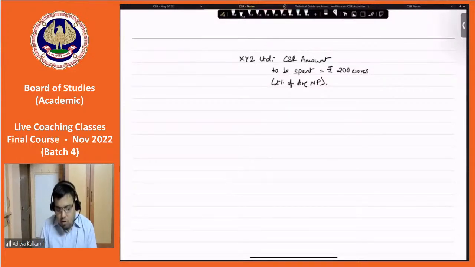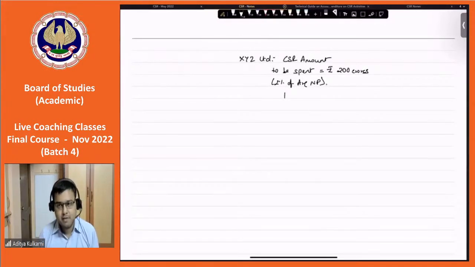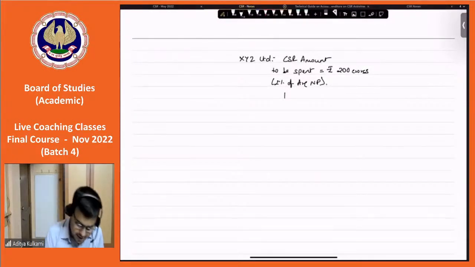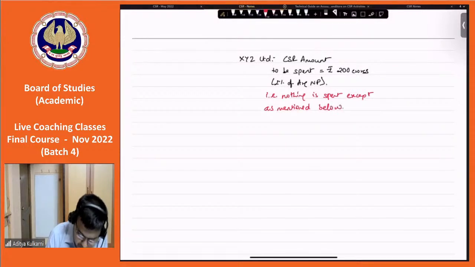So I know today that I have to spend 200 crores. Now the question is, it is not yet spent. I have not spent even 1 rupee. The words used are "to be spent". Nothing is spent except as mentioned below.